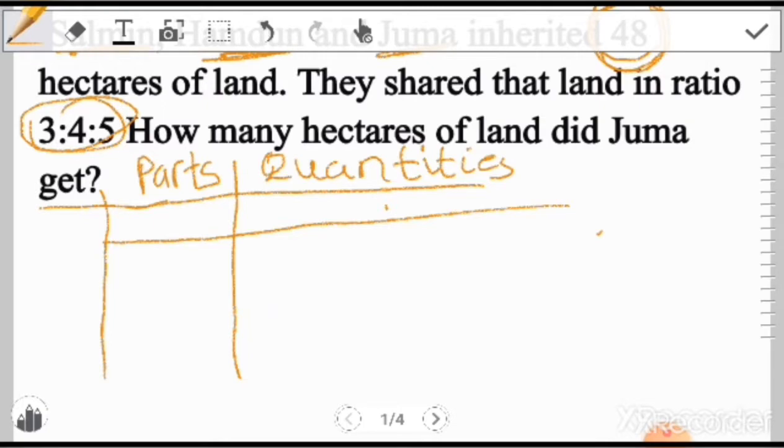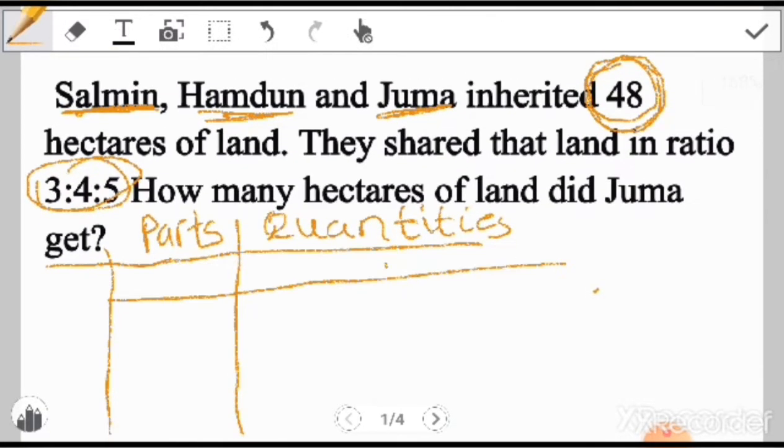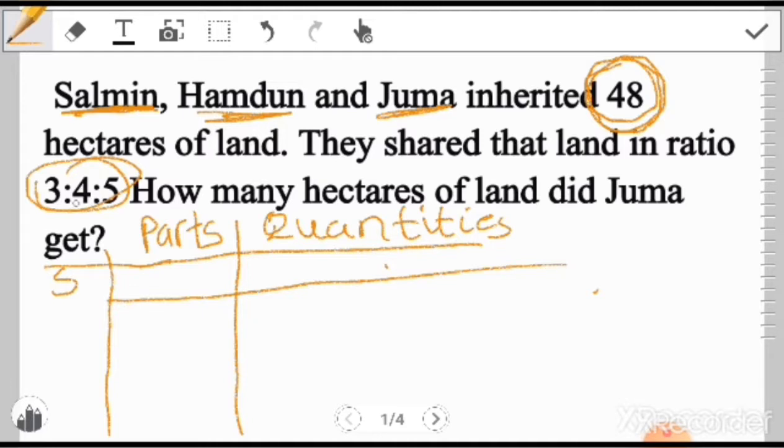So the first person here was Salmin. Let me use S. Salmin got 3 parts. The second person was Hamdoun. Let me use H to represent Hamdoun. Hamdoun got 4 parts.